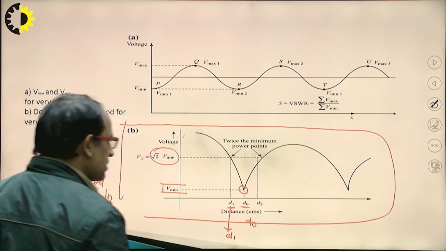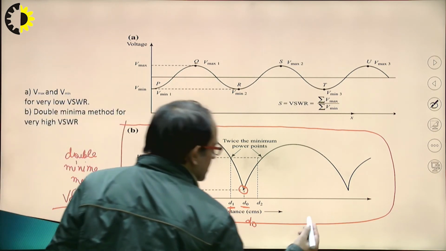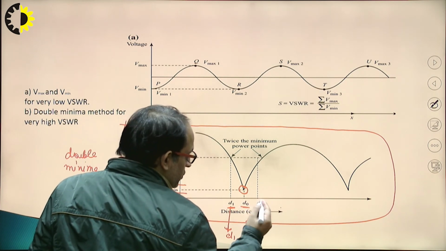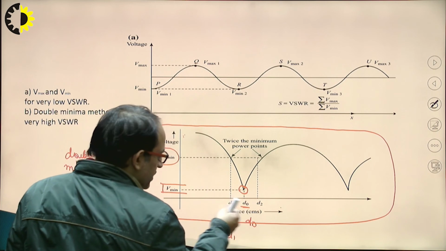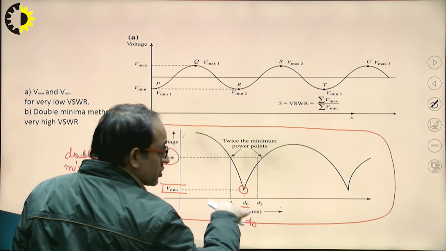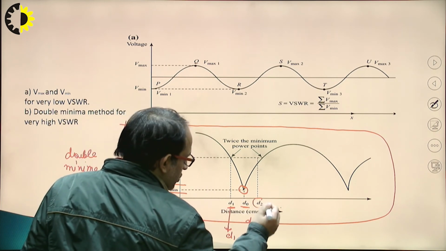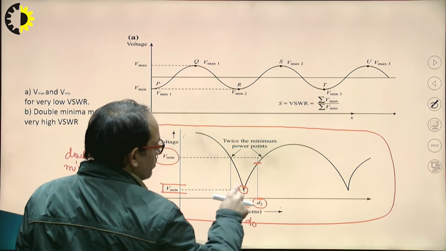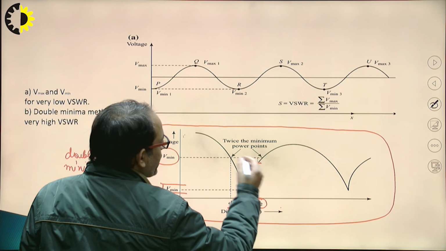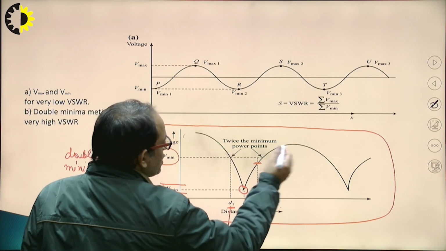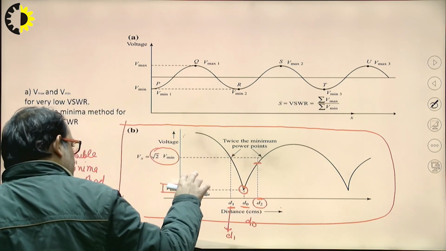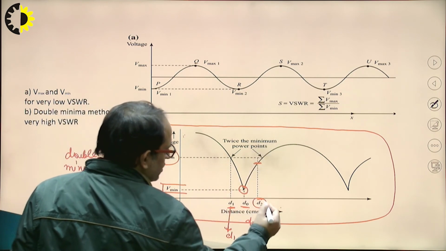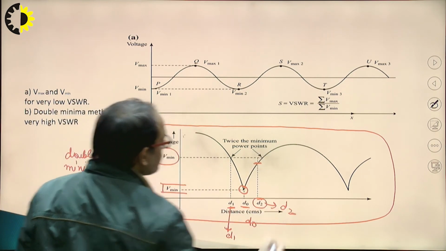D1. And similarly I will move the slotted line section here, in the left position, and now I will move the slotted line in the right position so that root 2 times the minima value will be obtained on the wave of the CRO. Now you see that position is known as D2.